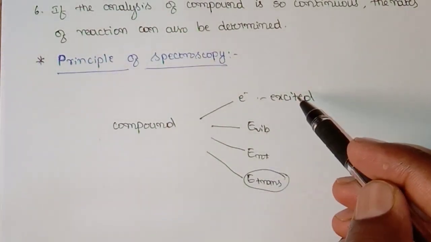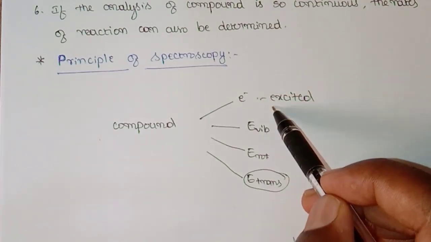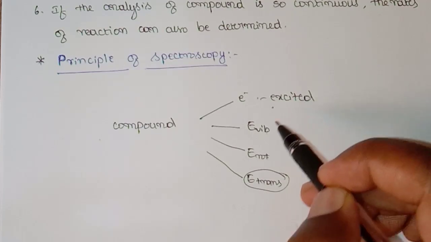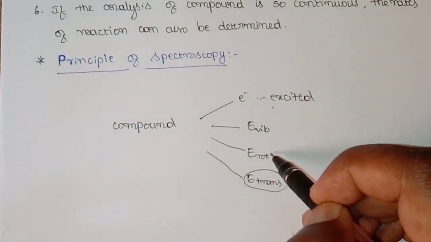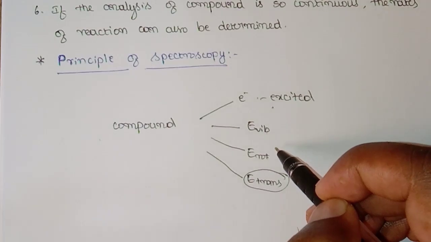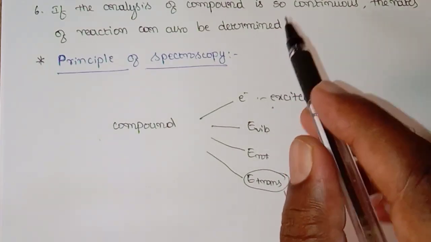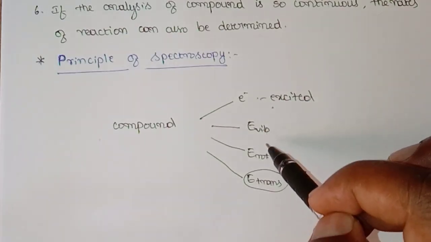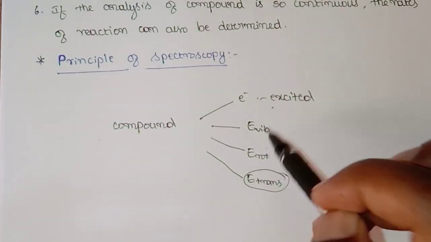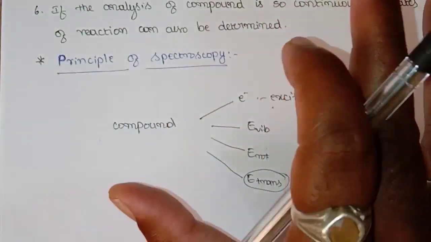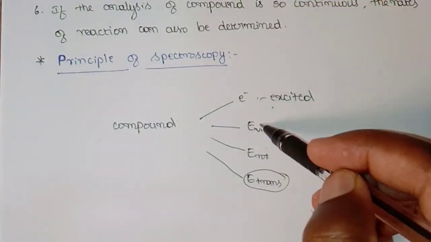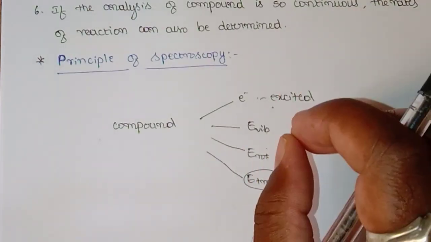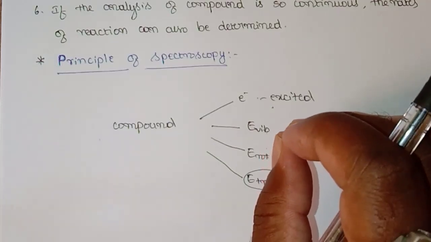So we consider only the changes in electronic energy because of excitation and de-excitation of the electron, and the changes in vibrational and rotational energies of the molecule. These changes in electronic, vibrational and rotational energy are quantized, meaning they are independent of each other, and this rule is called the Born-Oppenheimer approximation.